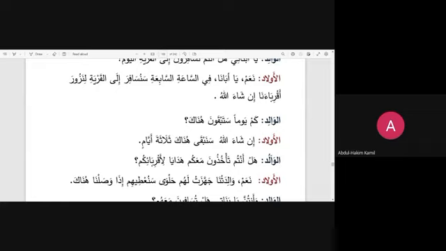What does هدايا mean? Gifts. The plural for هدية. هدية is a gift. هدايا is the plural. لأقربائكم. Are you all taking with you gifts for your relatives?